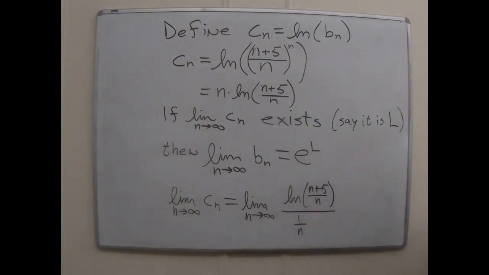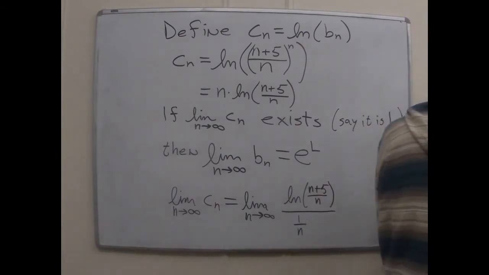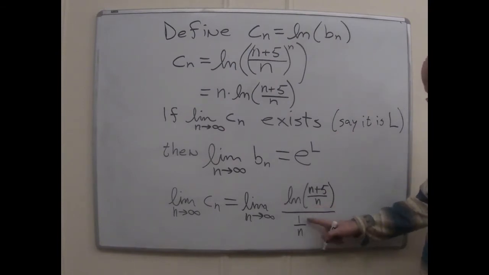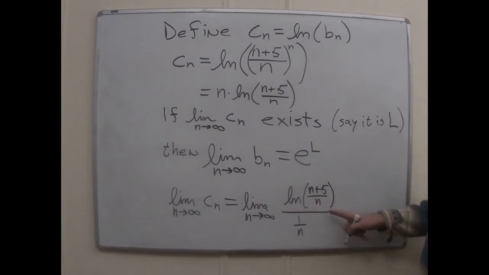Now, I've got a problem because that limit goes to 0 and I'm dividing by 0. Wow, it's worse than that. The bottom is going to 0, and the top is also going to 0.